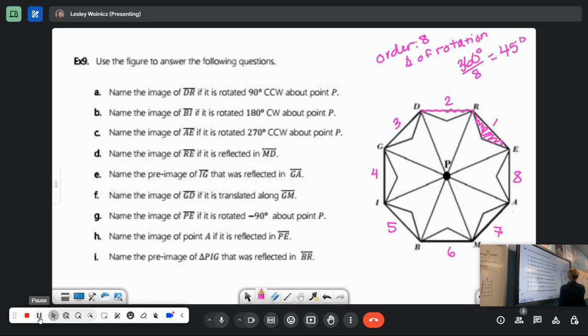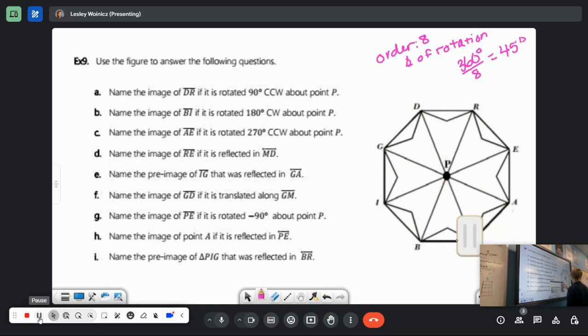Okay, so can we agree that each one of these little micro turns is going to be 45? Okay. So how many 45-degree turns is 90 degrees? 2. So if I do 2 of them, that's a 90-degree turn. Okay? Everybody happy? Okay. Now I'm going to erase all this stuff because it's a lot on there.